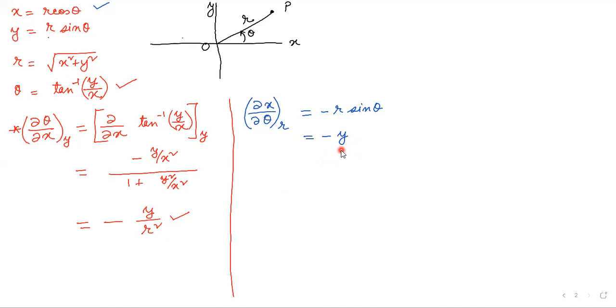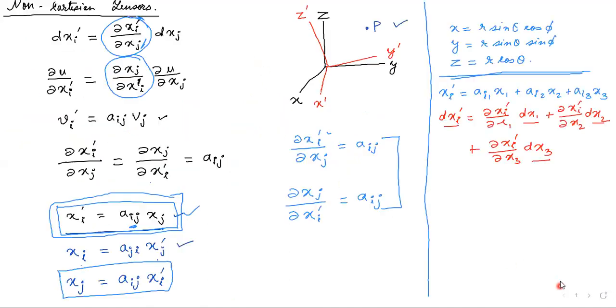I repeat, these two values are not the same. If we refer to our earlier slide, this was dou theta by dou x, and this was dou x by dou theta.